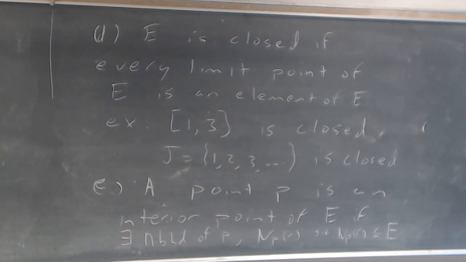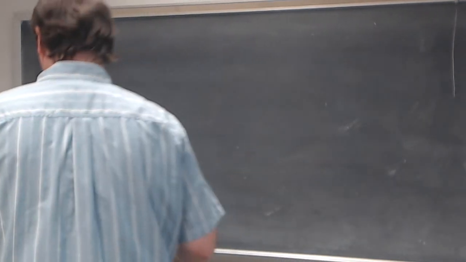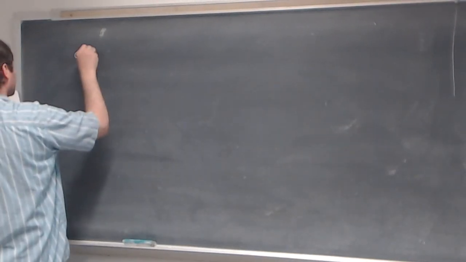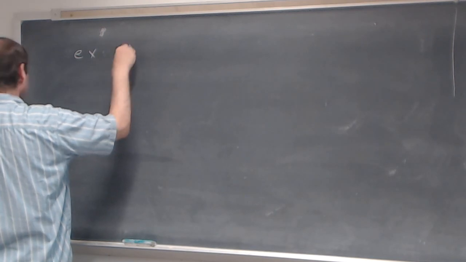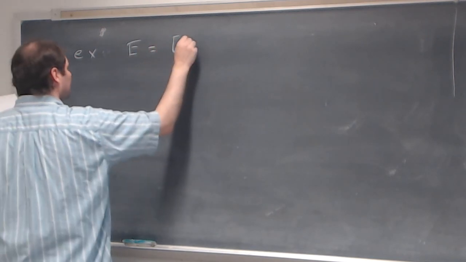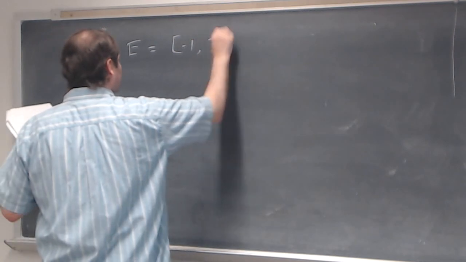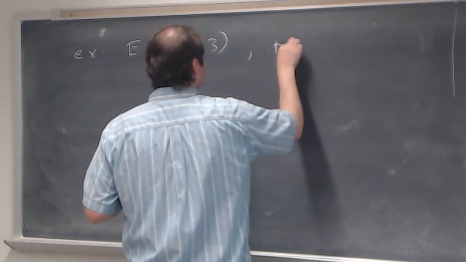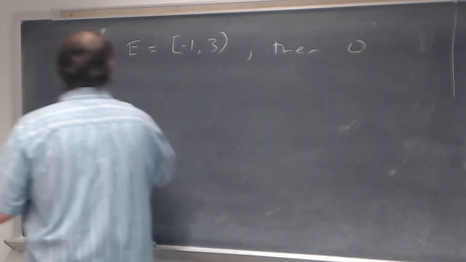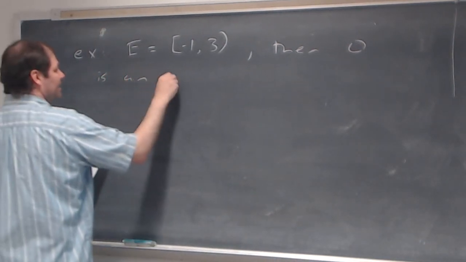Let's do an example, and we'll do one more definition, and then that'll be enough, and we'll start next lecture with some more definitions. So, example. If you look at E equal to (-1, 3), then 0 is an interior point.